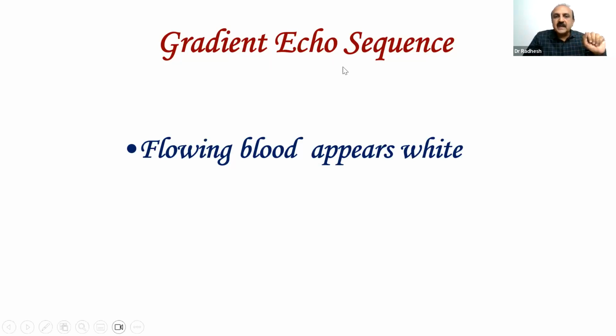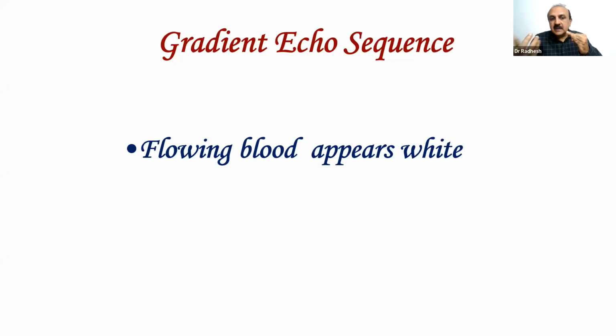Now, what is this gradient echo sequence? T1, now I know. T2, I know. Inversion recovery, I know. What is gradient echo? Gradient echo is a very short acquisition sequence. Let's not get into the physics. But in gradient echo sequence, your blood starts looking white. On T1, it is black. On T2, it is black because it's flowing blood.